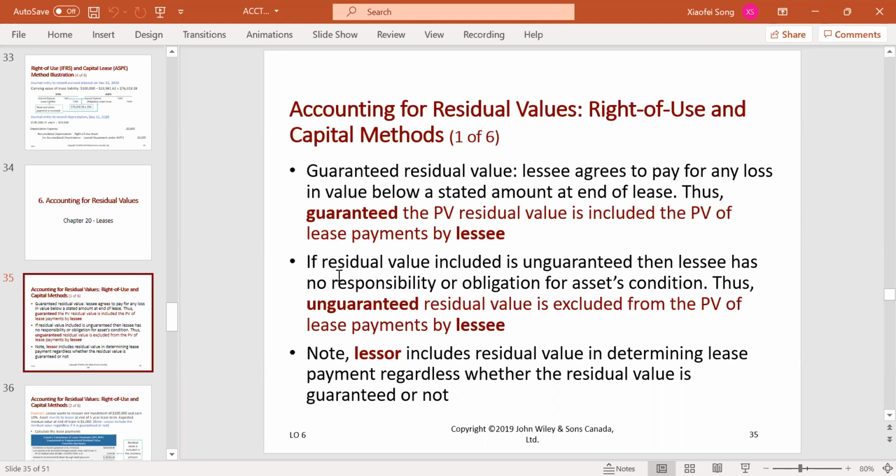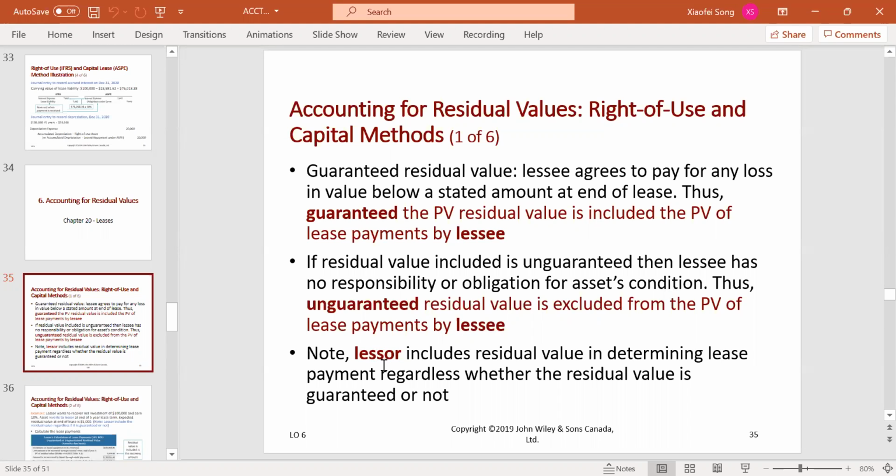If the residual value is unguaranteed, then the lessee has no responsibility or obligation for the asset's condition. Whatever the shape it is, you return it, you're done. Therefore, the unguaranteed residual value is excluded from the present value of lease payments by the lessee, the capitalized amount.